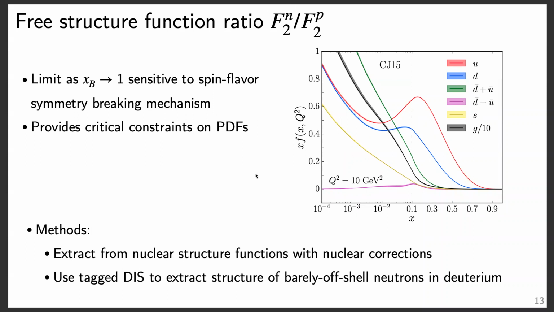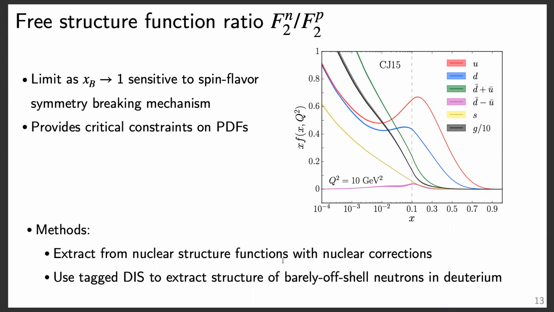Historically, the preferred method for getting this ratio F2n over F2p was to extract it from nuclear structure functions with corrections for nuclear effects. So you measure the deuteron or some other nucleus, subtract the proton, account for nuclear effects, and say what's left must be the neutron. However, the problem is that that's very model dependent.